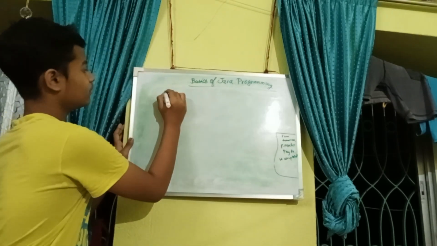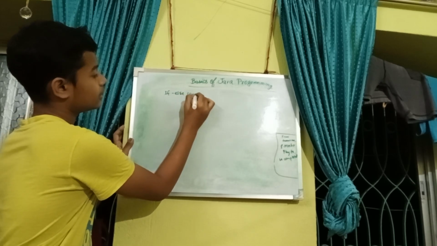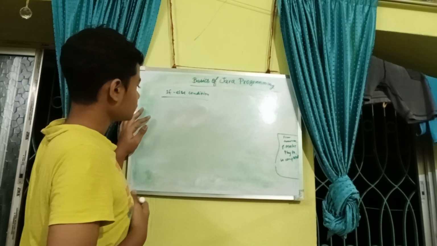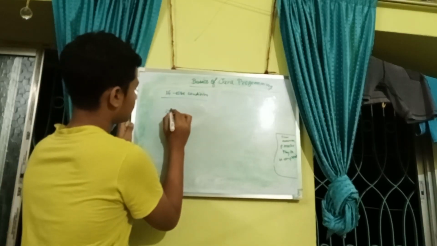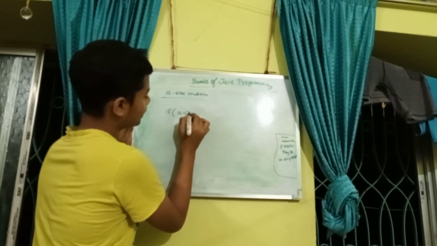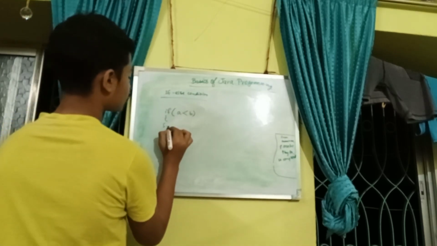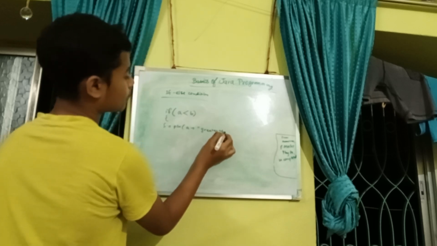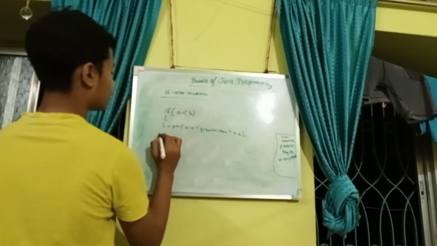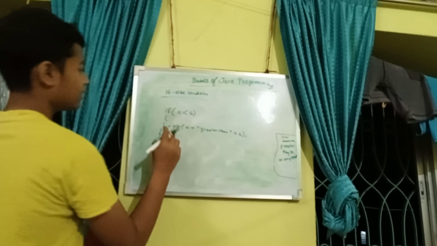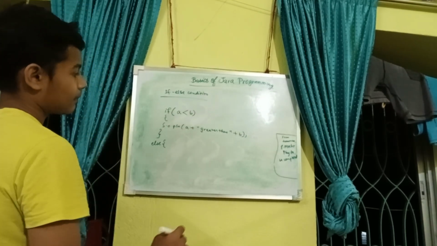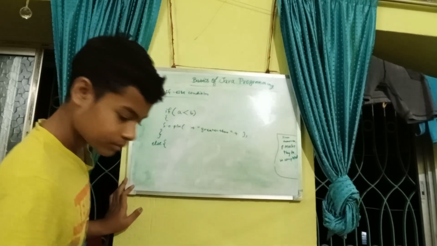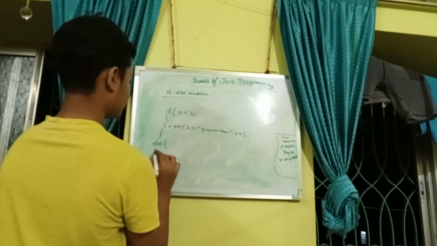I am showing you the syntax, only the main part, after the line public static void main. The condition is: if A is greater than B, then print A plus B. Suppose I have taken an example with A and B. This is SOPLN.